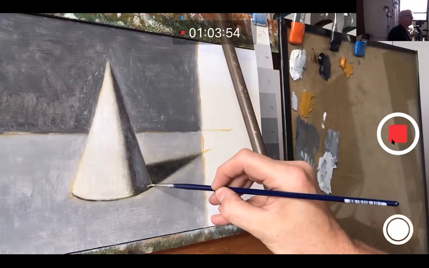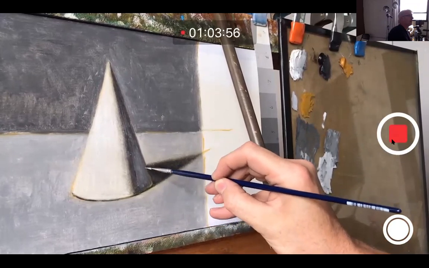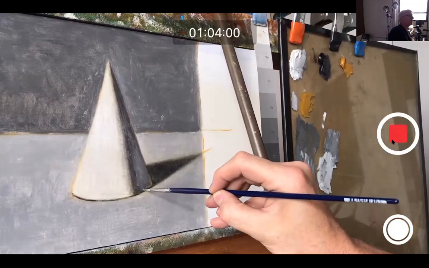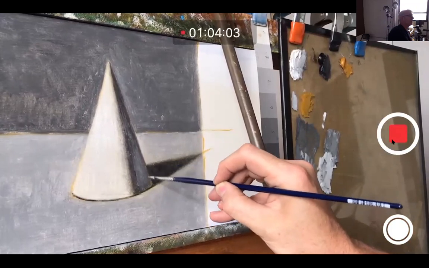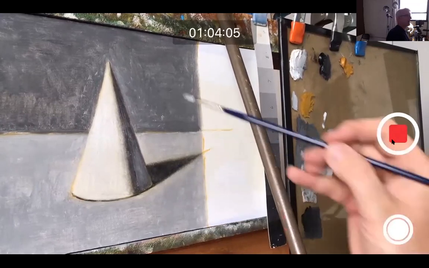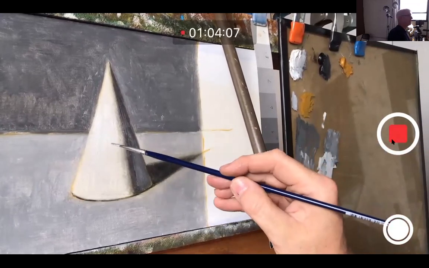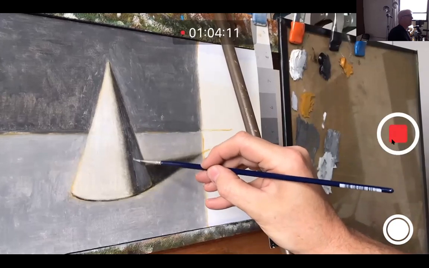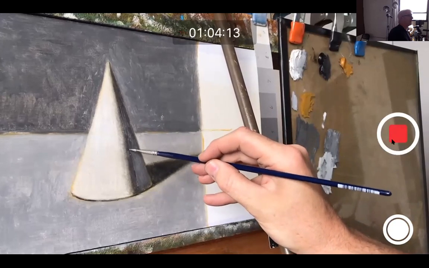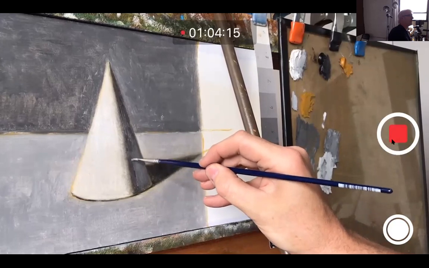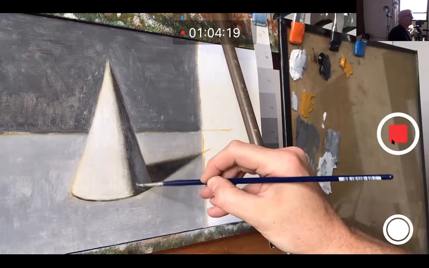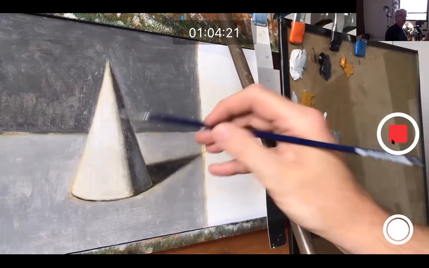A really important rule of light and shadow is that you never want anything in the shadow mask to be as light as anything in the light mask. So you want to make sure that you're not painting your reflected light so that it's anywhere near as light as anything on the light side of the form.